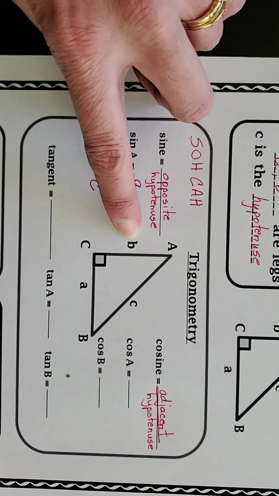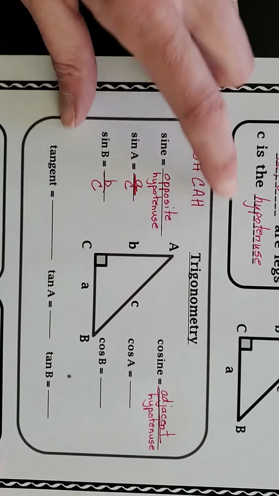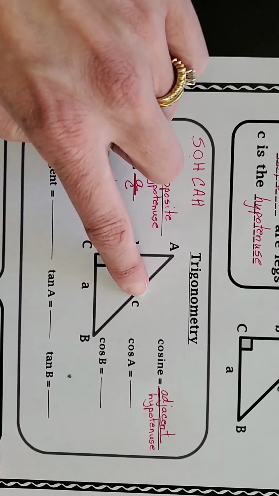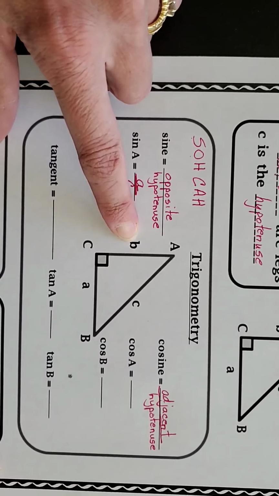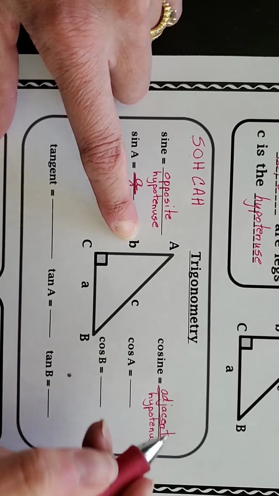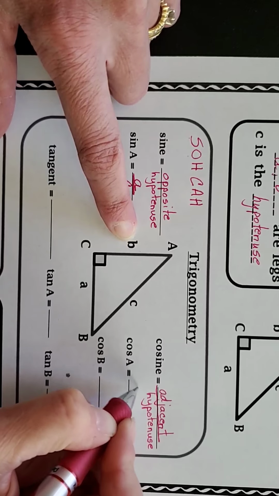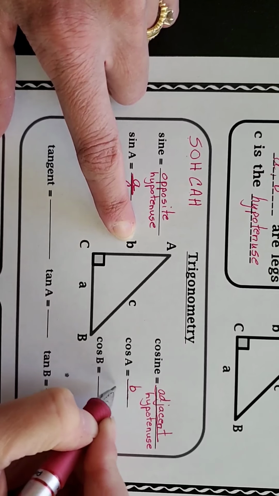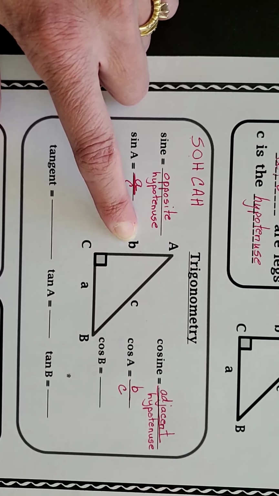It's either side b or side c, but c already has a role. It's the hypotenuse. So side b is the adjacent. It's the side next to angle A that's not the hypotenuse. So this would be adjacent over the hypotenuse of c.